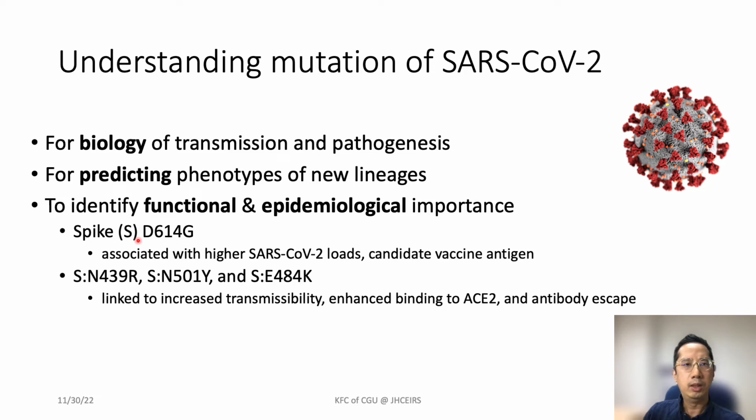For example, the D614G mutation is associated with higher viral load and was once treated as a candidate vaccine antigen. And for these mutations, they are believed to link to increased transmissibility, enhanced binding to ACE2 sites, and they might be associated with antibody escape.